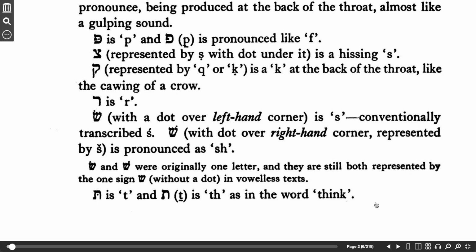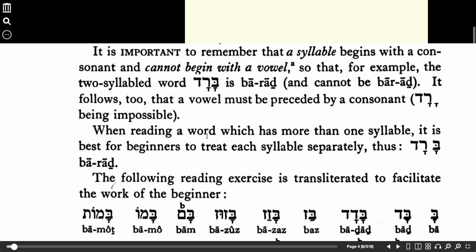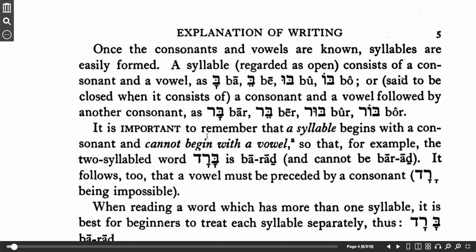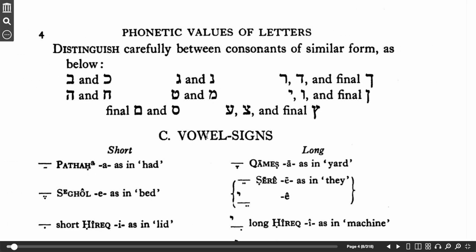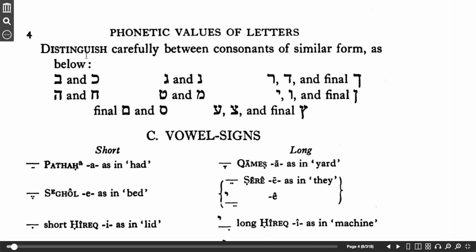One other thing I want to show you is up here at the top of page 4: you need to distinguish carefully between consonants of similar forms, as below. I kind of mentioned this, but I just want you to be aware of it. You have these two letters, that's bet and kof. Here you have hey and het.